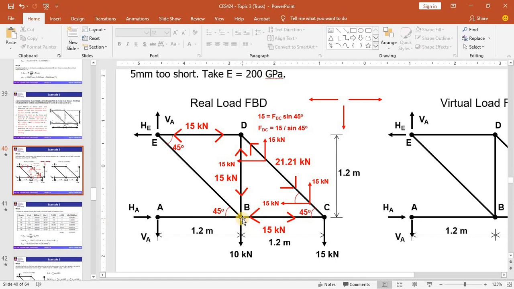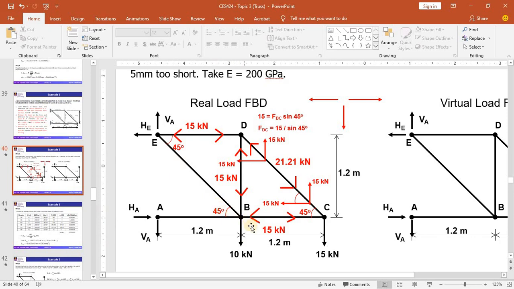Okay, so we need to repeat the same procedure as previous joints. We need to ensure that the summation of forces in the vertical and horizontal directions at the joint is in equilibrium, in other words, equal to 0. Let's look at the vertical direction. We have this 10 kilonewton load downwards from the external applied load. We have a 15 kilonewton load downwards. And there will be vertical and horizontal components for this member BE.